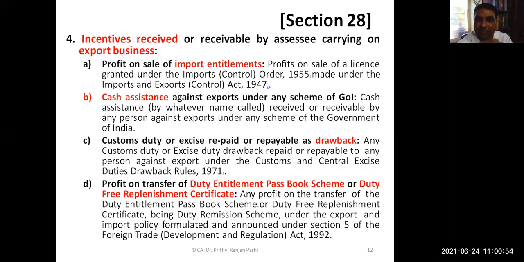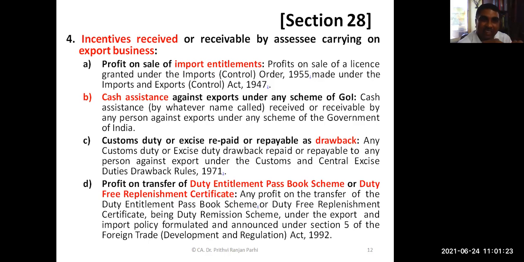Certain duties will be exempted for him. Since he has exported, he will get a license, an entitlement to import. If he is an importer or actually using it, then he can use that benefit. But if he is not an importer, then what can he do? He can sell it to outsiders and get some profit. So any profit realized from the sale of these import entitlements will also be taxable.